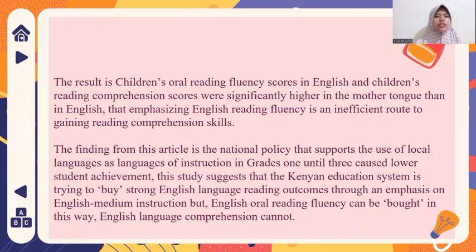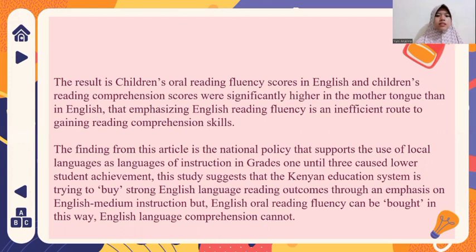The result is that children's oral reading fluency scores and reading comprehension scores were significantly higher in the mother tongue than in English. That emphasizing English reading fluency is an inefficient route to gaining reading comprehension skills. The finding from this article is that the national policy that supports the use of local language as the language of instruction in grades 1 until 3 causes lower student achievement.